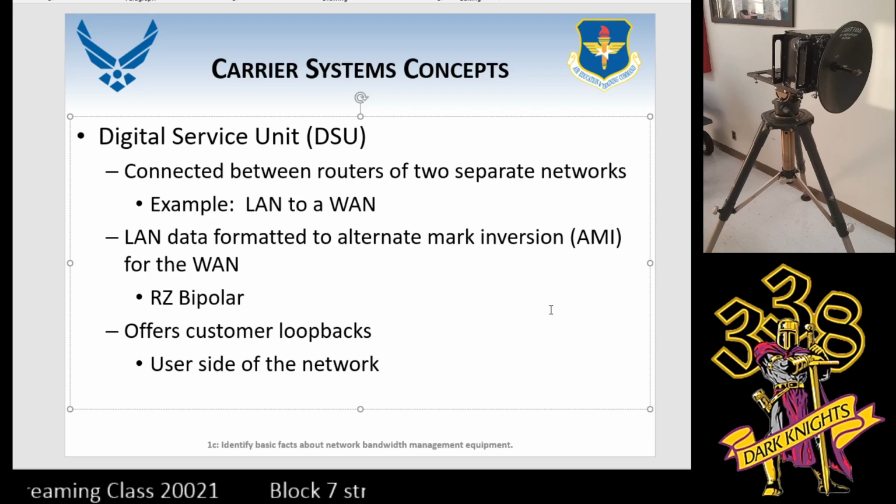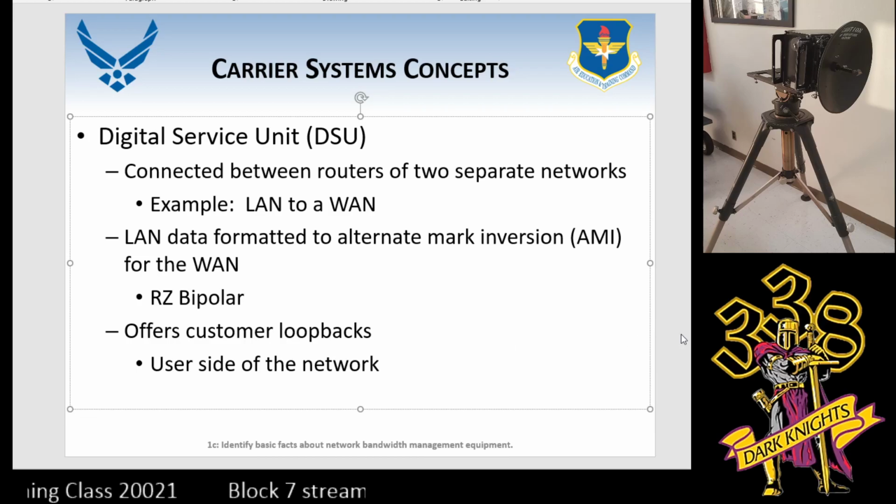So take a look at the words alternate mark inversion. You guys have gone over signaling format. That's RZ bipolar. Alternate mark being, if you get a 1, let's go positive on the first one, and you get another logic level 1, I'm going to go negative. That's that alternate mark inversion. And again, that's the customer side.